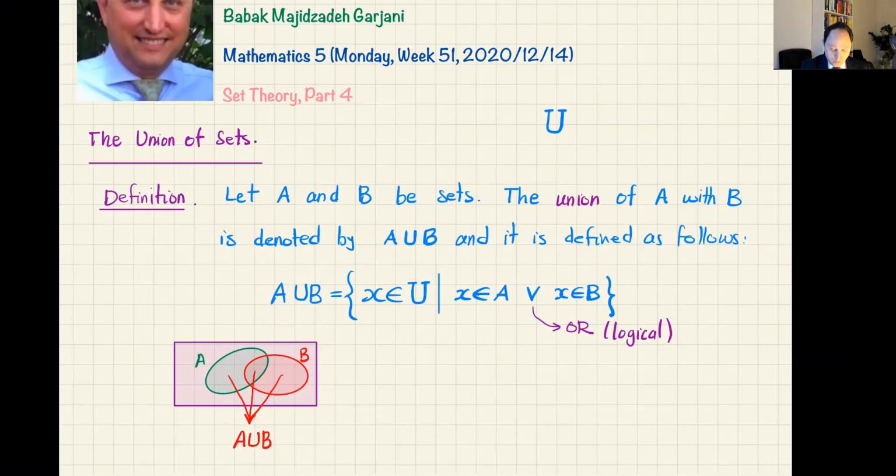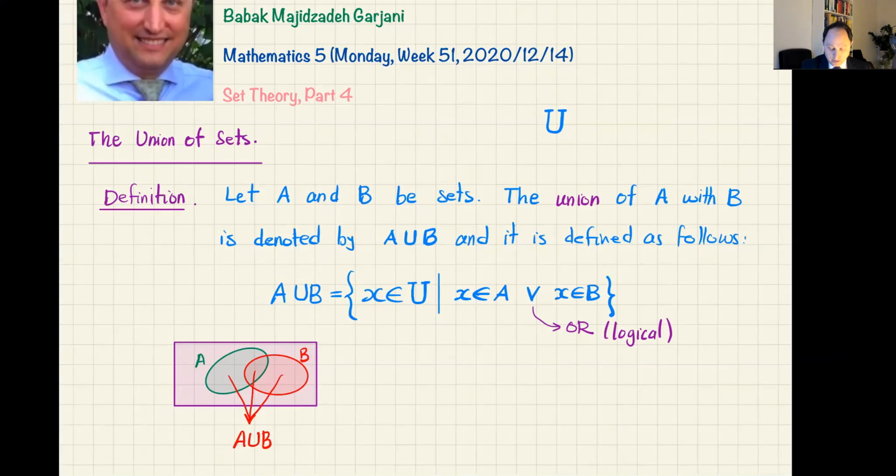The union of two sets is defined as the set of all elements in the universal set, so that the elements are either in A or in B or in both.